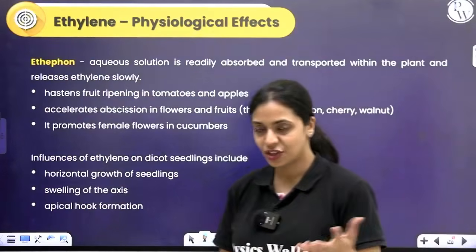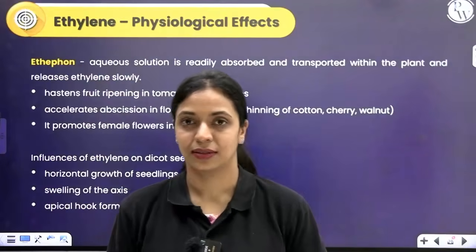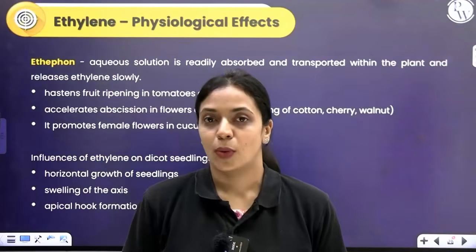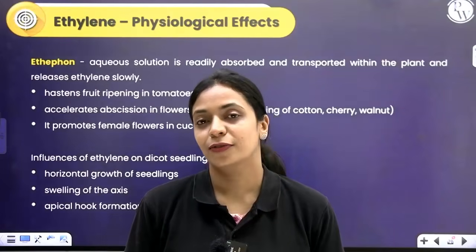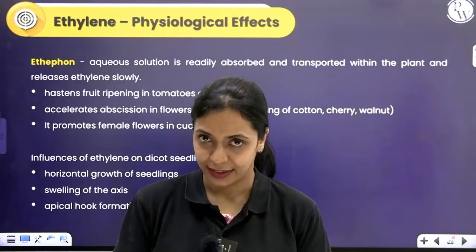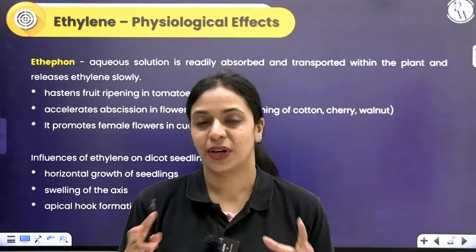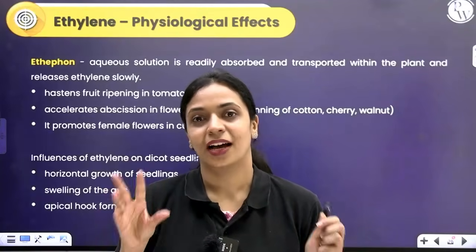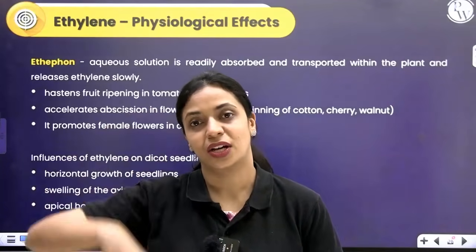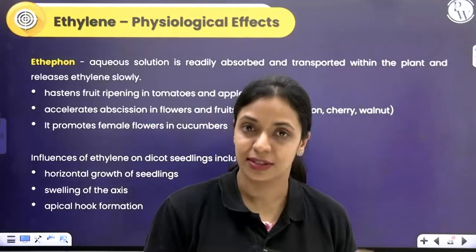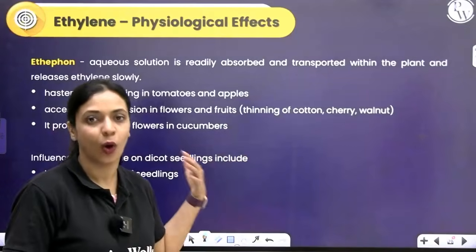Next, if it's gaseous, how is it used on the plant? It is used in the form of a chemical called ethephon. Ethephon is an aqueous solution of ethylene. When this solution is sprayed on plants, it gets absorbed immediately and then it is transported very slowly inside the plant. This is how farmers use ethylene on plants.